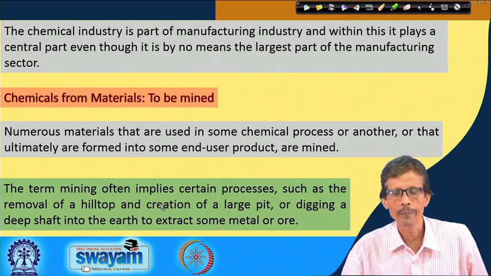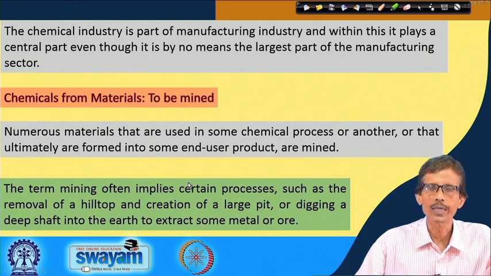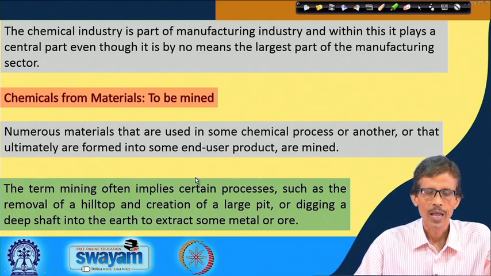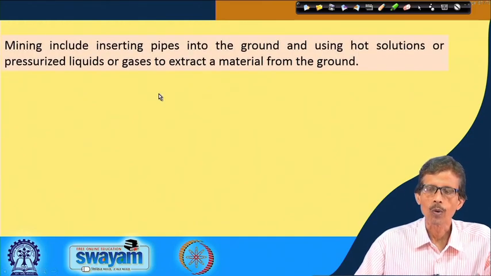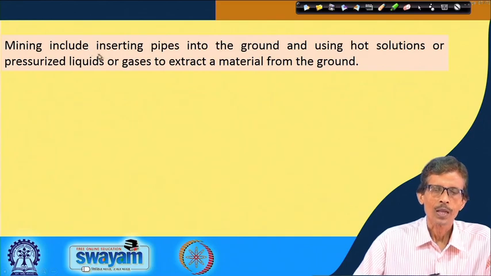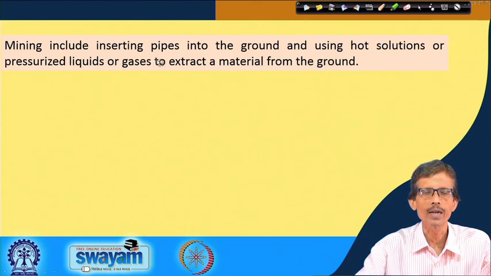So, mining will be an integral part of industrial inorganic chemistry, and how we can utilize those stepwise we will see. Sometimes we can utilize the insertion of pipes, that is, inserting pipes into the ground and utilization of hot solutions or pressurized liquids or sometimes gases to extract a material from the ground level.